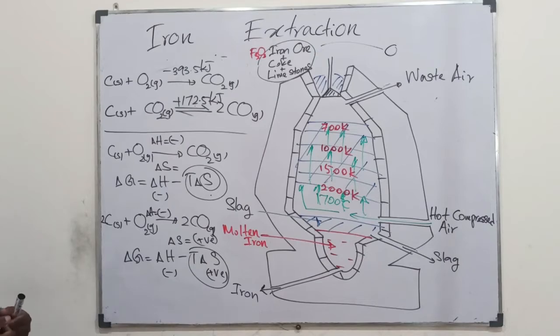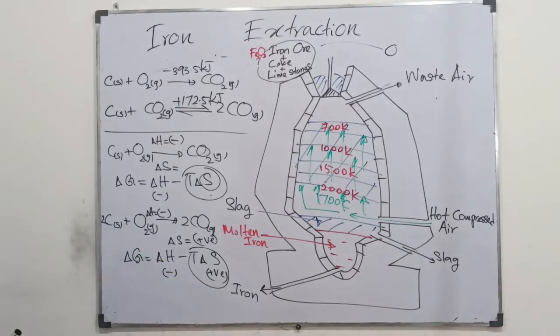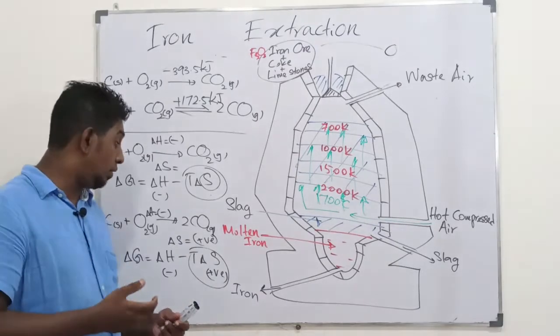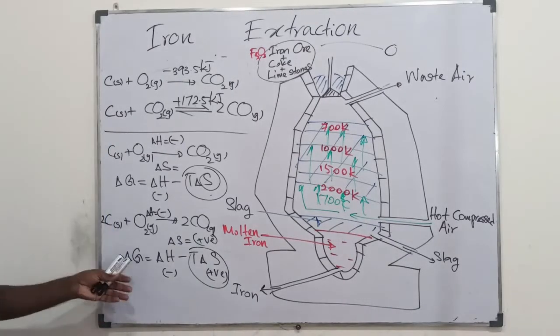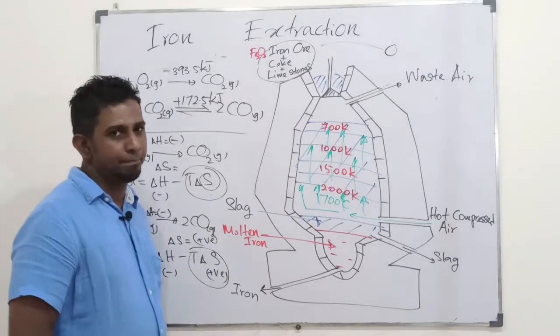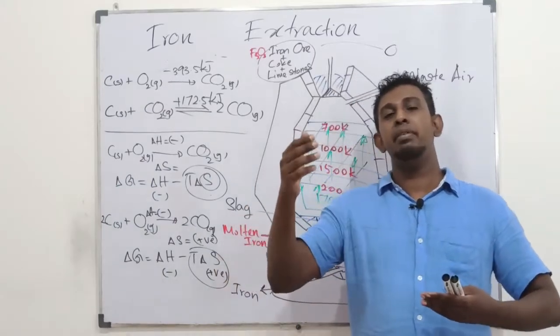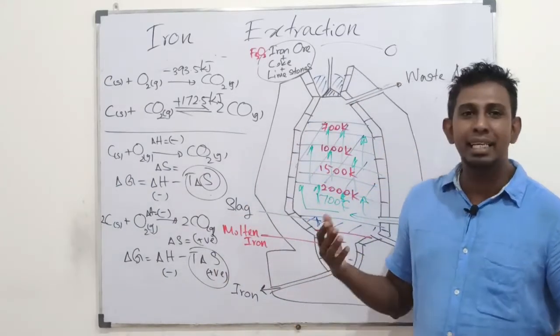Then students, at very high temperatures, this negative value would be very high. Therefore, the stability or delta G value would be highly negative at high temperatures for carbon monoxide. So, for carbon monoxide, you get a very high negative delta G value at high temperature.